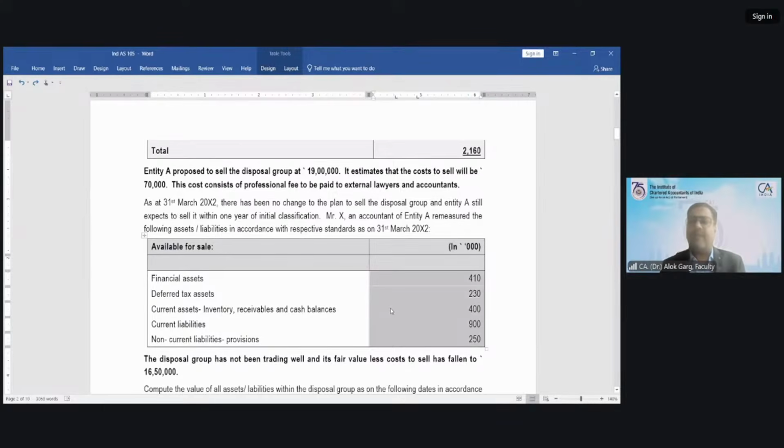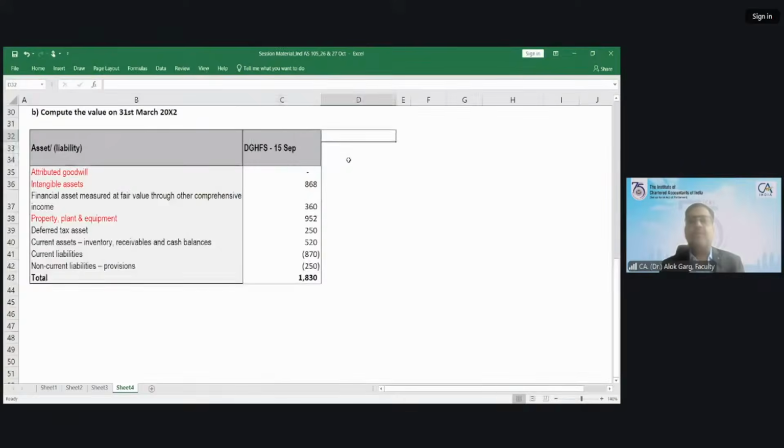So let me put their values there. This is my DGHFS value as on 31st March 20x2, right? So the value of financial asset is 410.